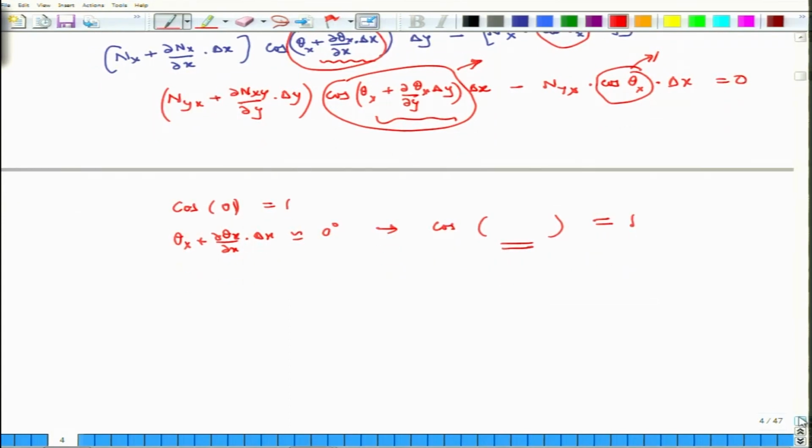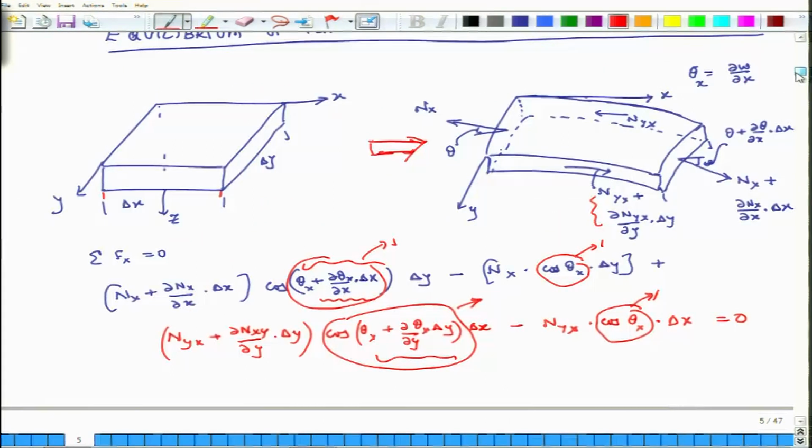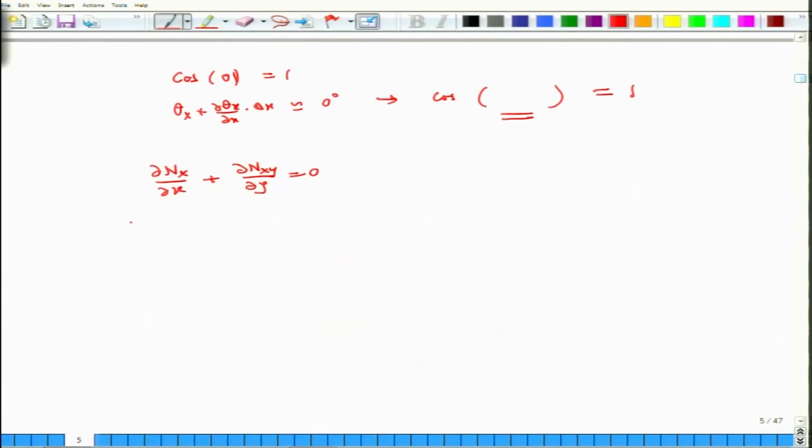So, if I do all these approximations and I add up all the terms, I still get my equilibrium equation for the x direction is the same: del nx over del x plus del nxy over del y equals 0. So, the equilibrium equation even in the disturbed state related to the x direction does not change.